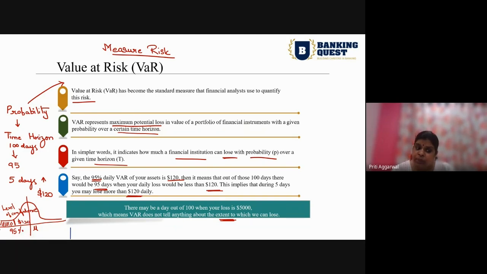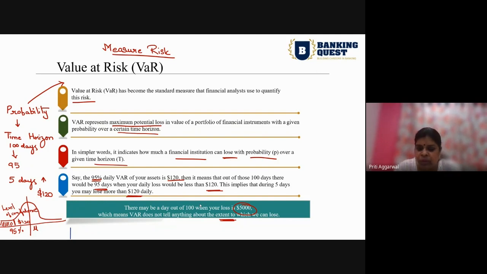But how much it will go? The quantum is not known to me in the case of my VAR, right? So it will not talk to you about the extent. It can only talk to you about that threshold limit, up to which you will come to know that on a daily basis, my loss will not exceed this level, right?